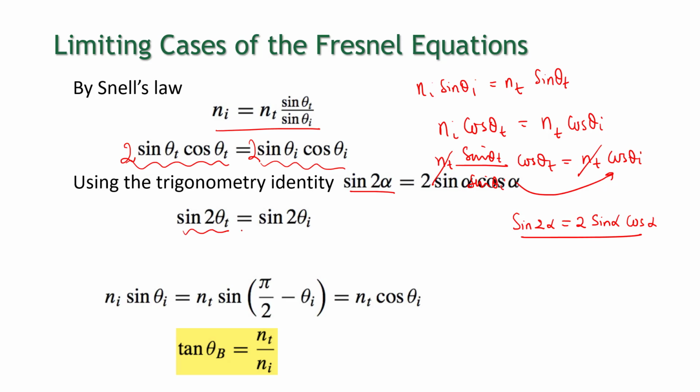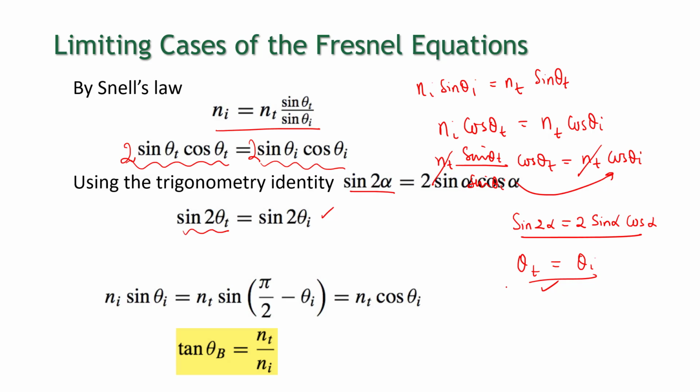Now if we eliminate sine and sine on both sides, then we'll get theta t equal to theta i, right? Is that right? So if you remove sine and sine, you get the angle to be equal. But that cannot be true.